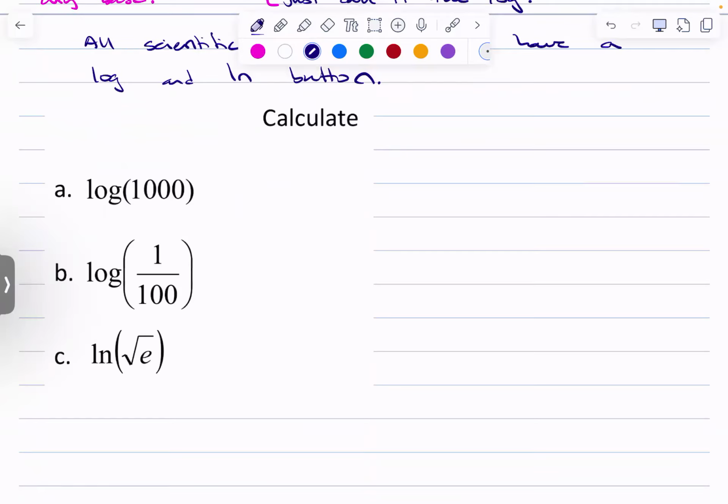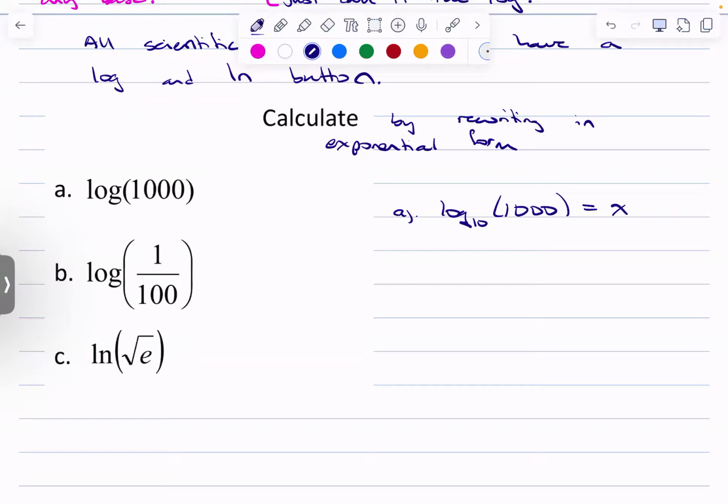What if we have to calculate these things? Of course, you can use your calculator. But I'm going to calculate by rewriting in exponential form. So here, for a, I have log base 10 of 1,000 equal to, let's call it x.